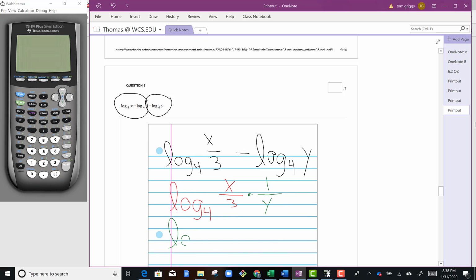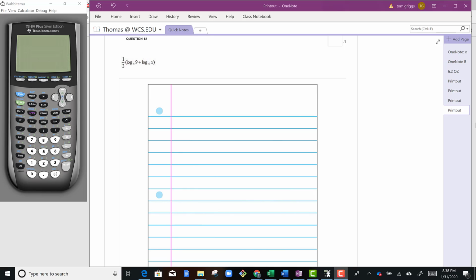So this becomes log base 4 of x over 3y. We do not have to evaluate. All we had to do there was to condense the 3 logarithms.